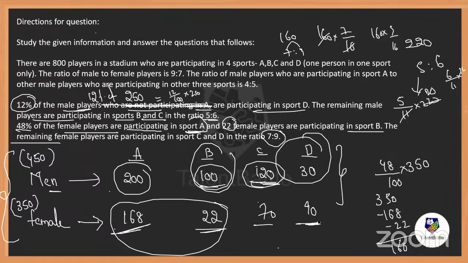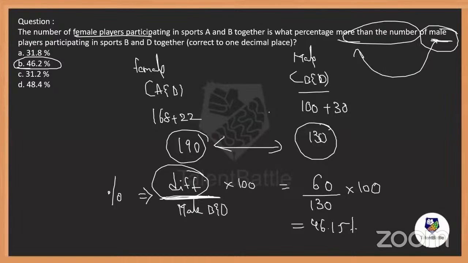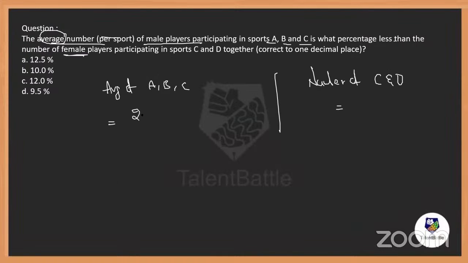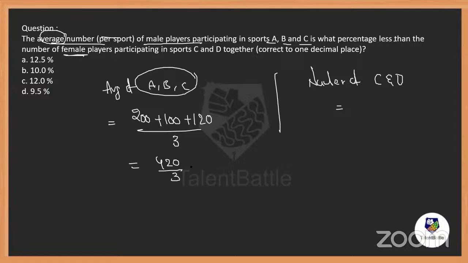This is 70 and 90. So 200, 100, 120 should be divided with 3. Total should be divided with 3 because there are 3 games. Average they are asking, that's why I'm dividing. If they just ask you the number, there is no necessity to divide. But they're asking us the average, which is 140.